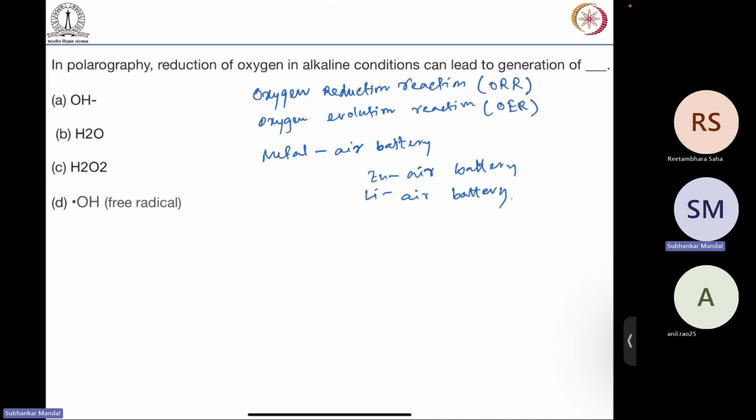In the battery metrology section, one particular week is there, so in that section we will discuss this topic, which is quite advanced.